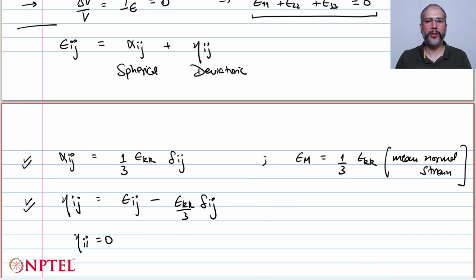It purely results in a shear, that is change in angles, but no change in volume. Whereas the spherical part purely results in a change in volume, but no change in angles. We'll not talk any more about the spherical and deviatoric parts because we have done enough practice in the mathematics involved with these parts. So let's move on to the next topic, which is a very interesting topic on plane strains.